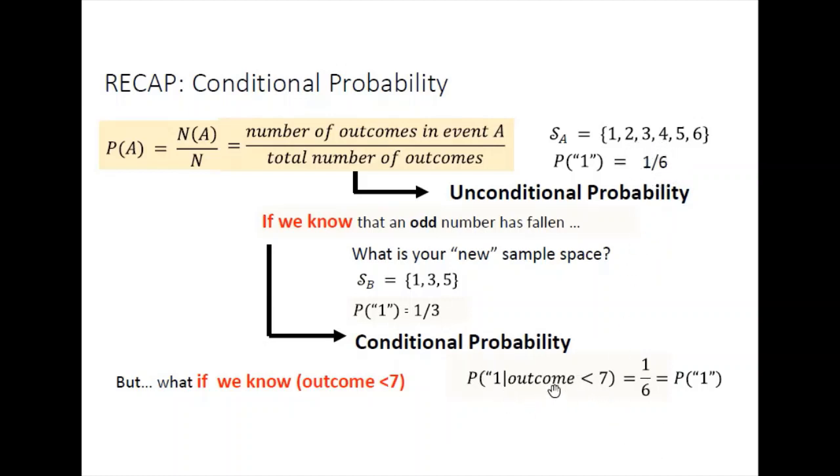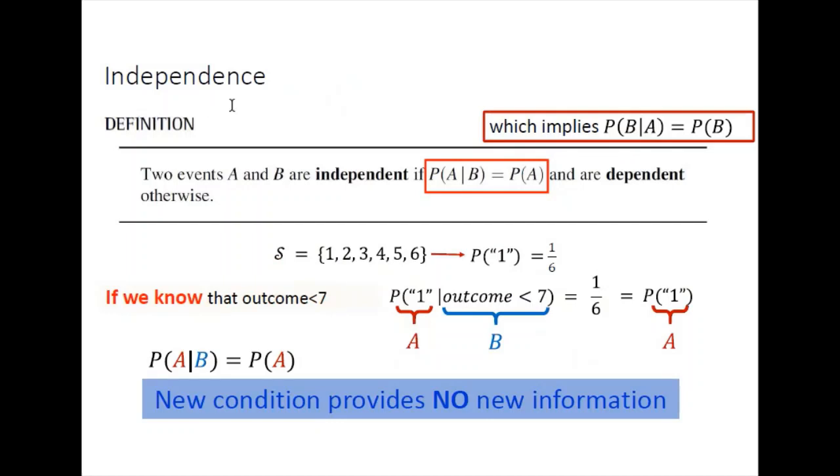So these two events are independent. According to the definition, two events are independent if the probability of A given that B has occurred is equal to the probability of A. It means B doesn't have any impact on A.